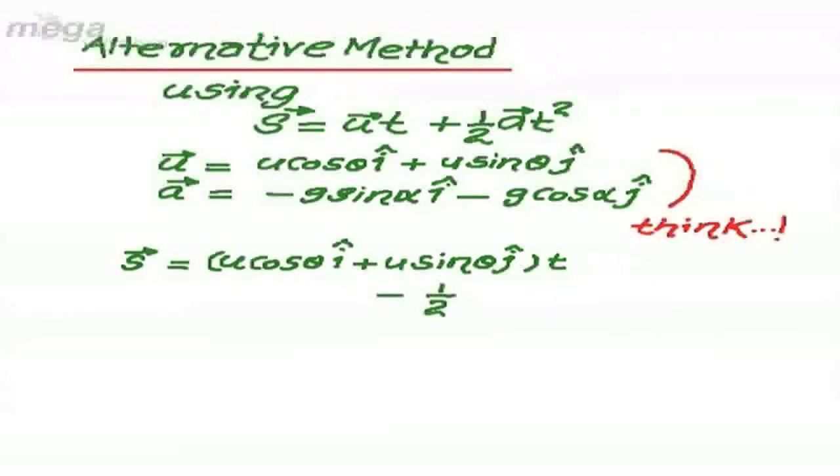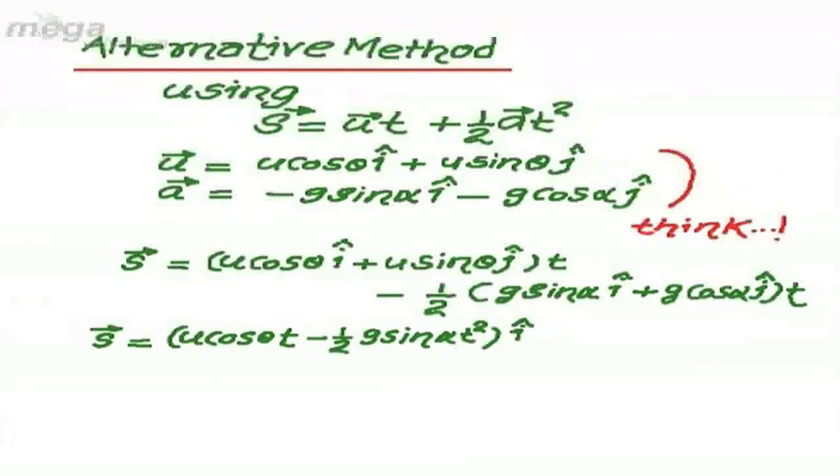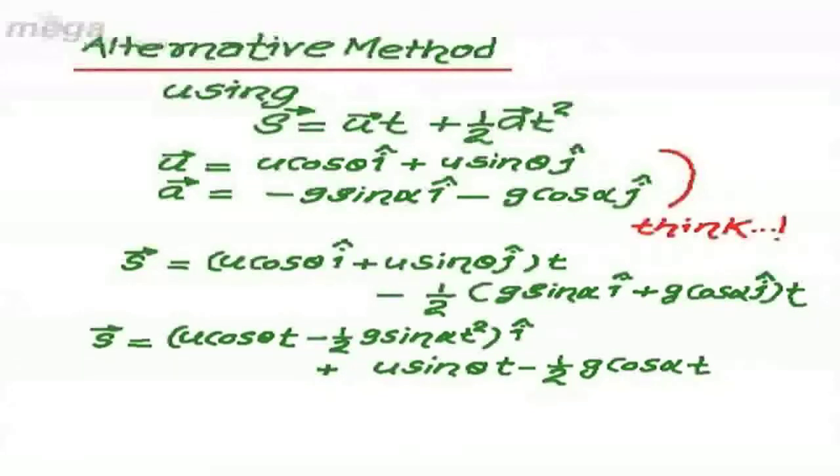minus half (g sin alpha i cap plus g cos alpha j cap) multiplied by the time t, which finally reduces to S equal to (u cos theta t minus half g sin alpha t square) i cap and (u sin theta t minus half g cos alpha t square) j cap.